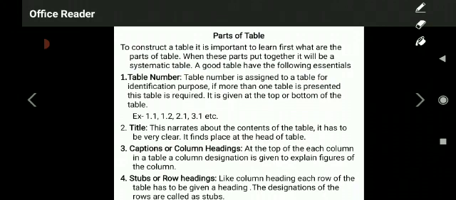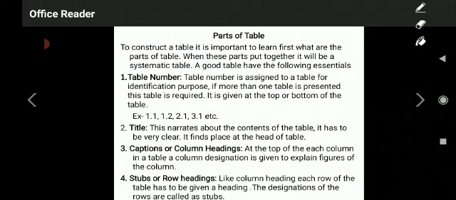Now coming to the fourth essential of a systematic table, that is stubs or row headings. In the third essential you understood column headings. In the fourth one you have to understand the row headings. Like column headings, each row of the table has to be given a heading.